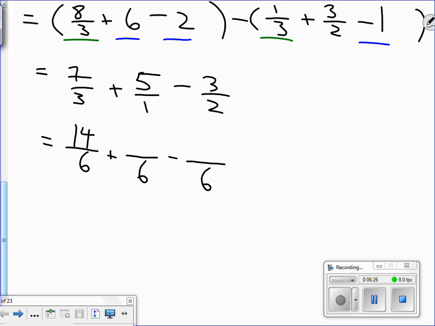If you multiply the denominator by 2, you multiply the numerator by 2. 5 is how many sixths? 30. 9. So how many sixths do we have? 35 sixths? I like it. So there's a number just shy of 6, right? 36 sixths would be 6, so it's a little less than that. Nice.